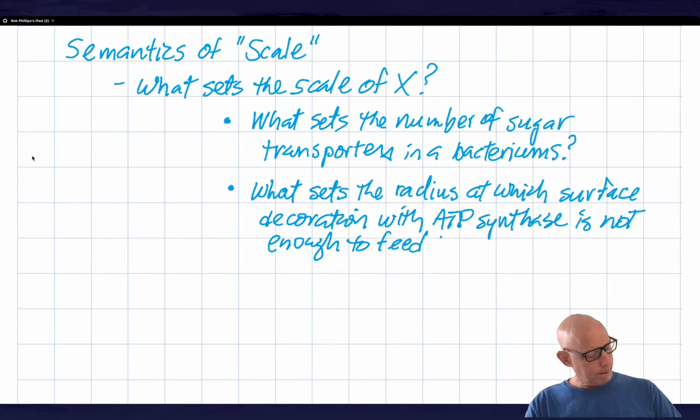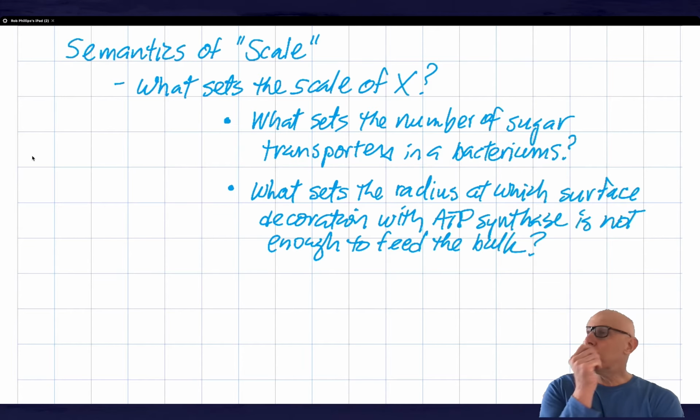So what do I mean by that? This sounds a little obscure, but you remember that we made this assertion that the cost to run the cellular economy is something on the order of 10 to the sixth ATPs per micron cubed of cytoplasmic material per second.